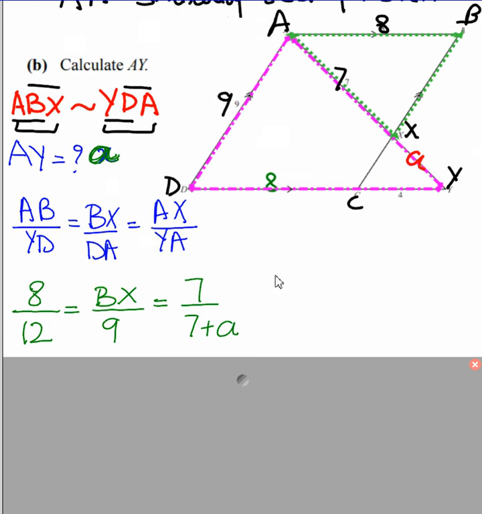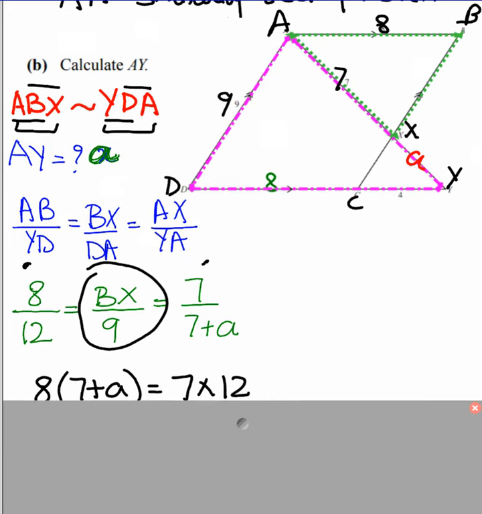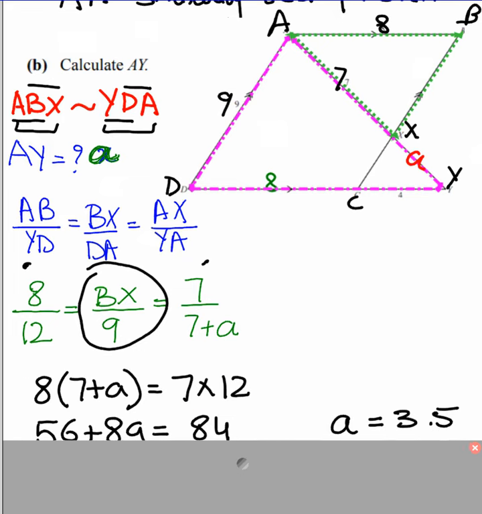Now the question is saying find out AY. It means I have to find out XY. So if you see here, which one should I use? I should use this is equal to this. I should forget this for the time being. We will find out BX later. So I can do 8 upon 12 is equal to 7 upon 7 plus A. And cross multiply and you get the value of A as 3.5. So your AY will be 7 plus 3.5, which is 10.5.